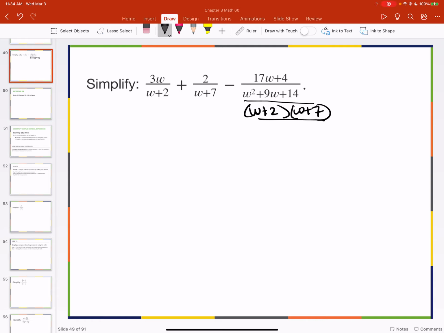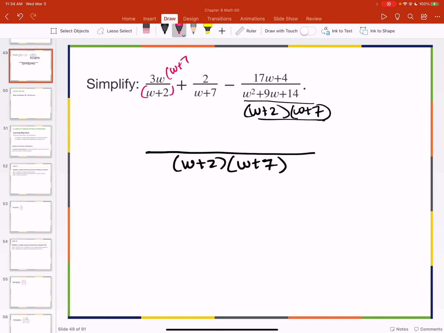So this is your LCD. Can we take this step where I just write the LCD down here? That's the LCD. Now what's missing? With the original problem, I needed W plus 7. So W plus 7 to top and bottom, and that's going to be 3W times W plus 7.